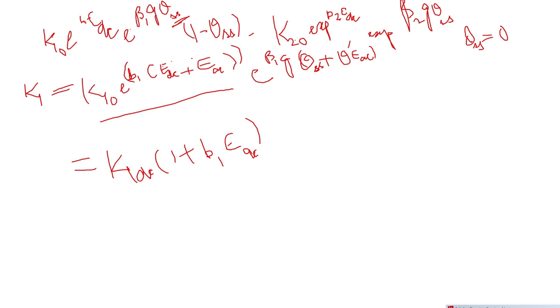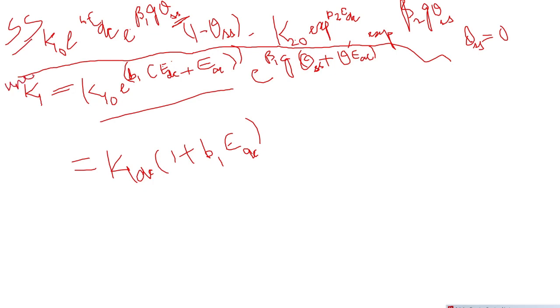But in the first step, we have written e to the power B1 EDC only, because that was at steady state. This is the linearization step which I'm telling. At steady state, you don't have AC current, you only have DC. So that's why I am accounting only for that.